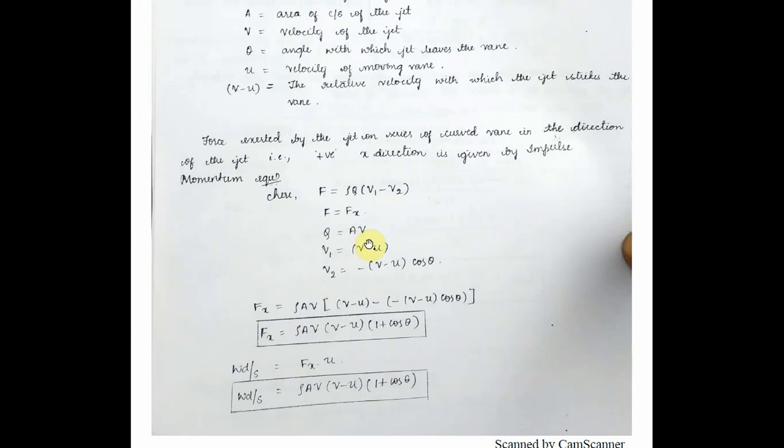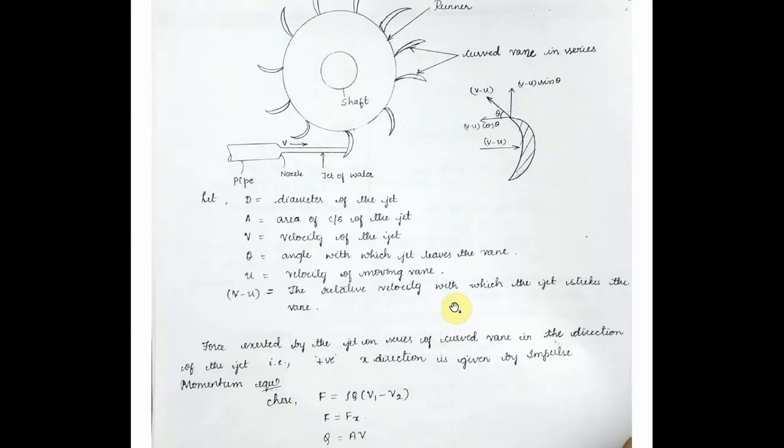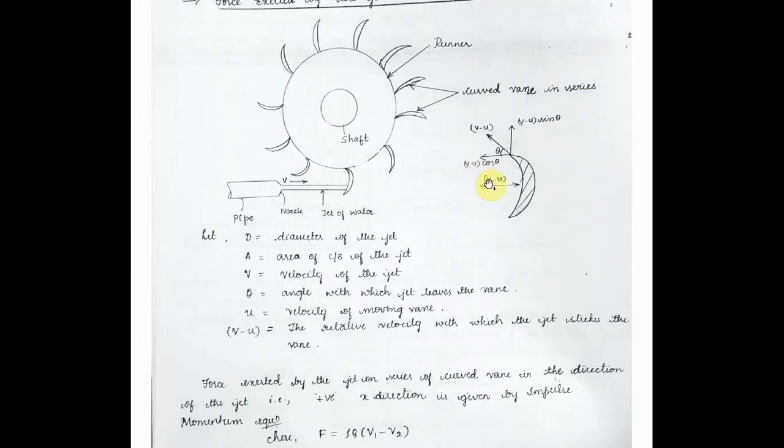Discharge Q is equal to A into V, and V2 is minus of V minus U into cos theta, the horizontal component.